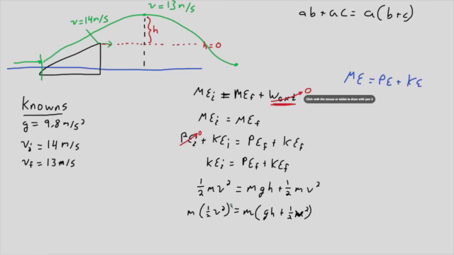So again, just like we did in the previous question, the mass is the same on both sides, so that cancels out. So now let's plug in the numbers that we know, and we can see what the height of this ramp would have to be for this situation to work out the way it is above.